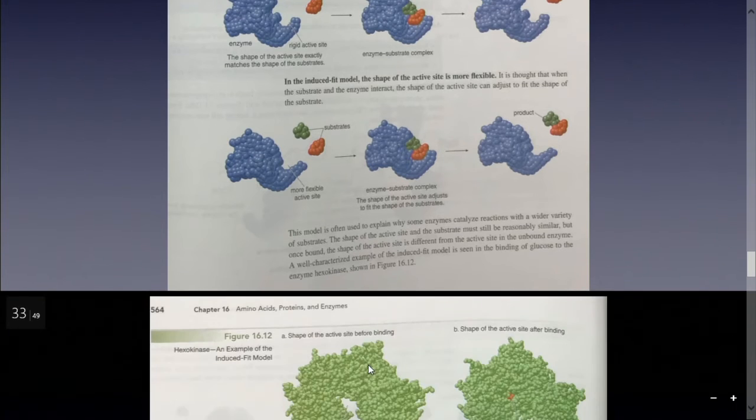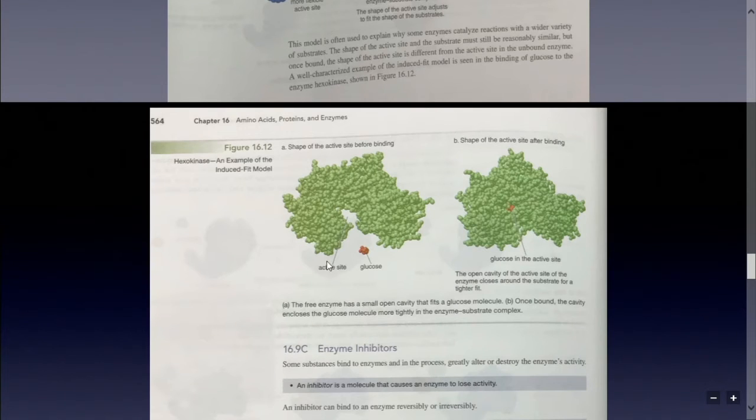And here's the example they use that I wanted to bring us back to, that cellular respiration image we were looking at. So here's an example of hexokinase doing its job via the induced fit model. Here's hexokinase. You can just look at that word, hexokinase. Obviously that's working on a hexose sugar, and so here it is, glucose.